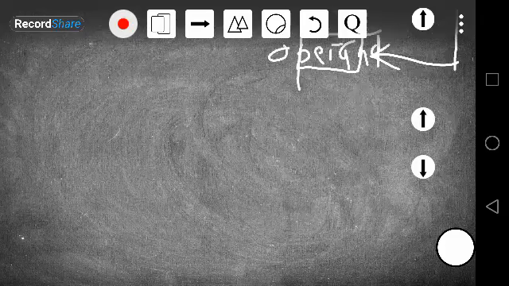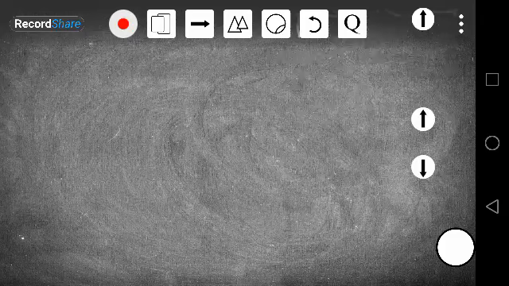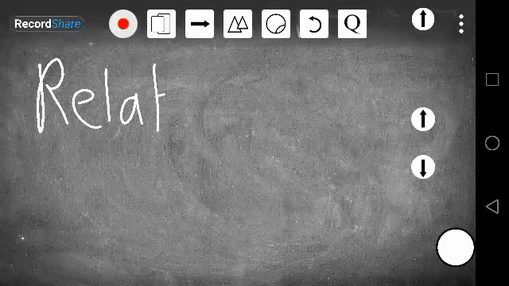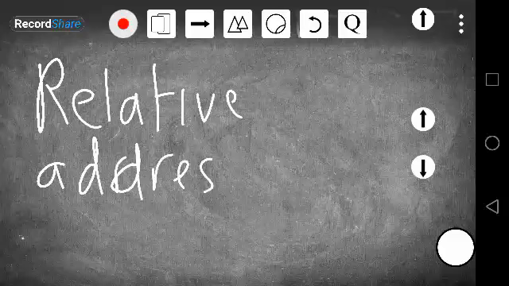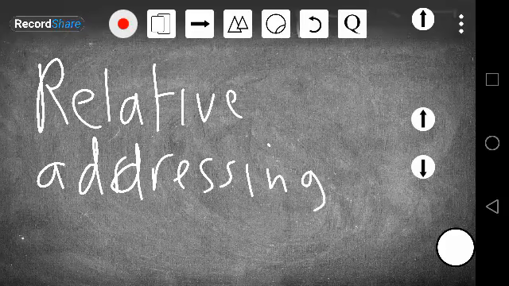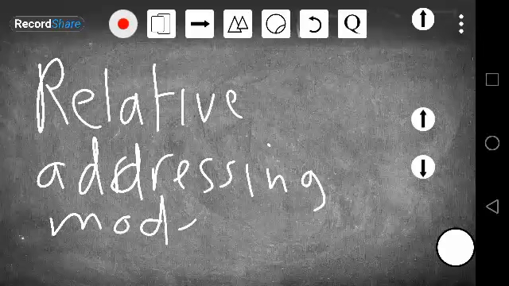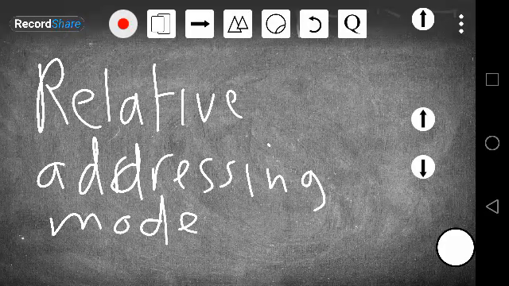We now move to relative addressing mode. Okay, so in relative addressing mode, the contents of the program counter is added to the address part of the instruction to obtain the effective address.